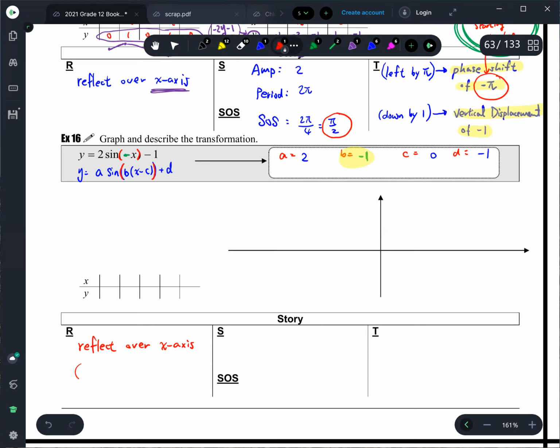Okay, it's because B is negative. Okay, if A is negative, then you get reflection over, sorry, I said it wrong, y-axis, right?